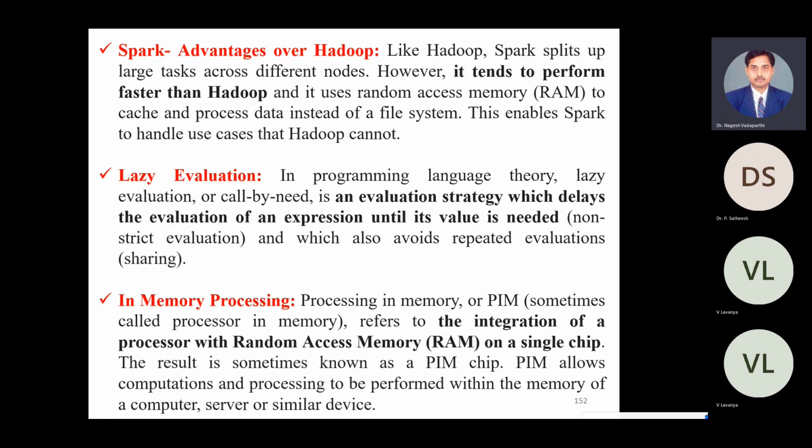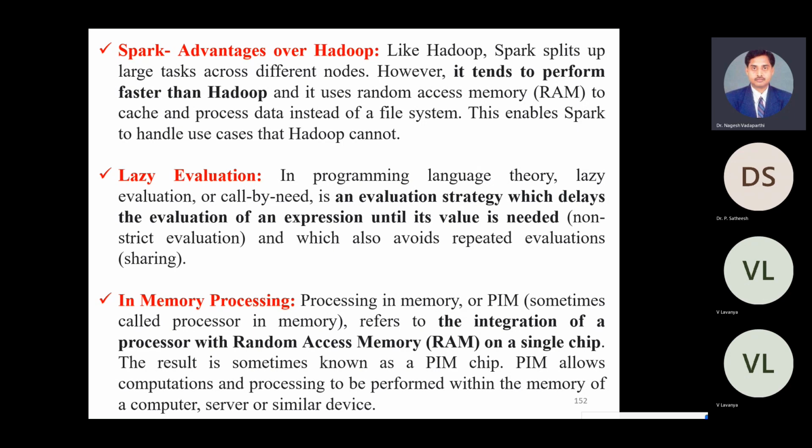Okay, so first of all, what is the meaning of Spark advantages over Hadoop? If you see, Hadoop is a framework which integrates a number of tools like Hive, HBase, Zookeeper, Cassandra, Oozie, Pig. These tools are integrated with Hadoop.